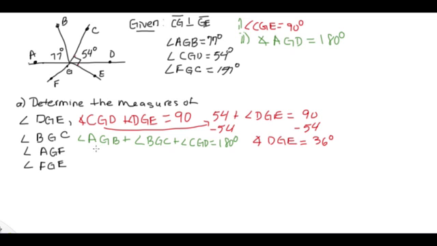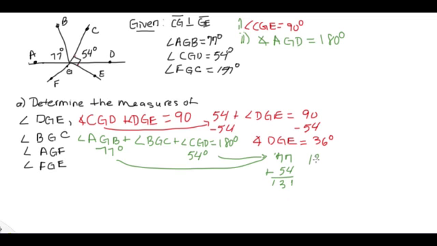I'm given this angle is 77, and I'm given that this is 54. So I'm going to go to my workspace here, and I'll have that 77 plus 54 is 131.